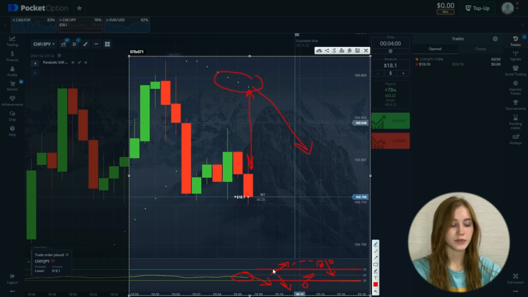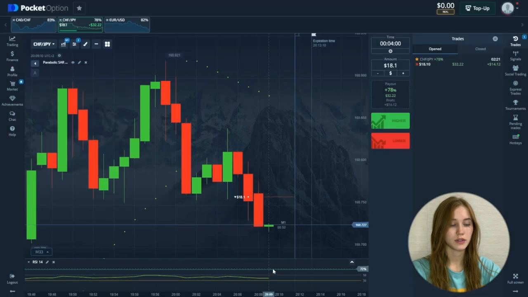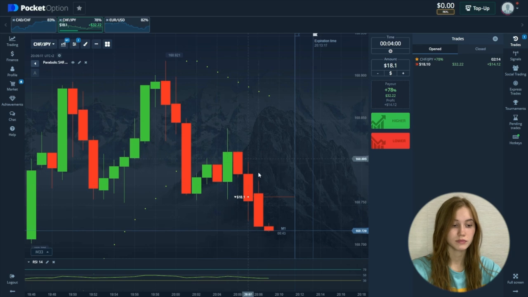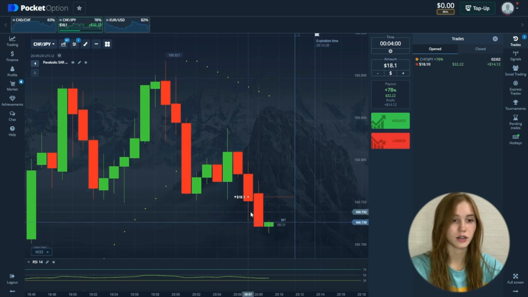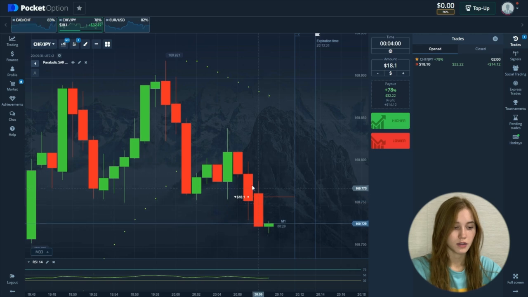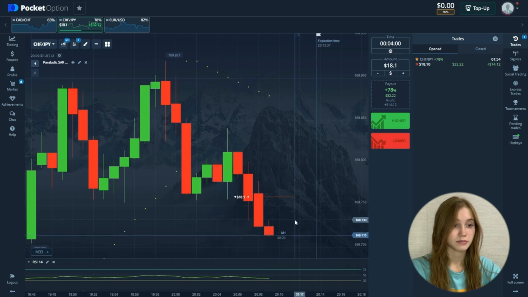We see that the first candle forms down. The second candle also formed down, and it turned out to be large. This is good for our deal, and the third candle is also forming down. Yeah, we see this on the chart. And let's see.